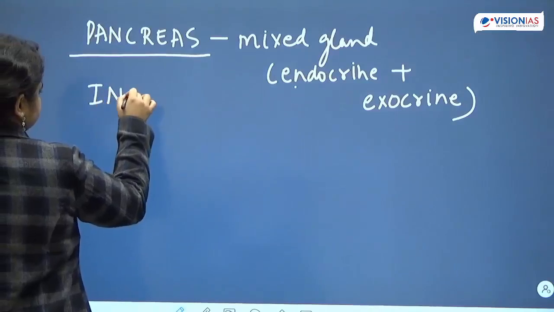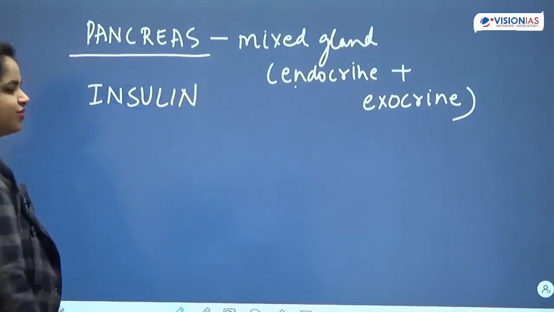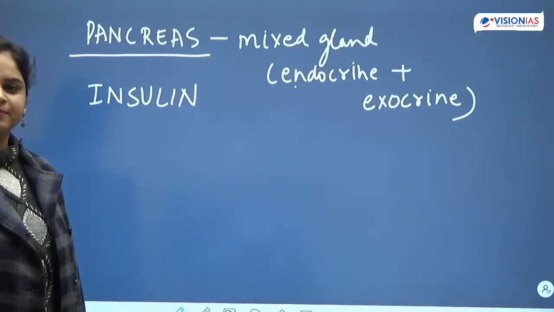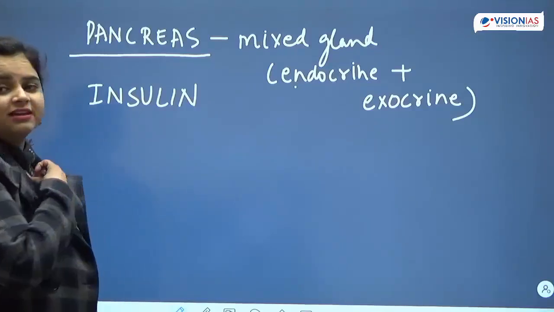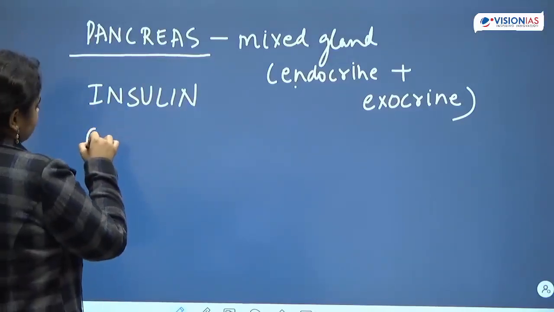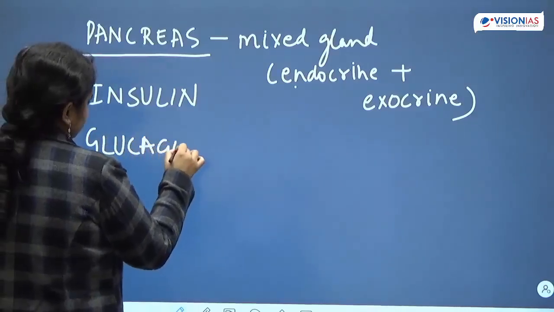One is insulin. So do you remember anything which we have discussed for the insulin? Any idea? Where we read insulin earlier, if you can track that and let me know. The second hormone is glucagon.